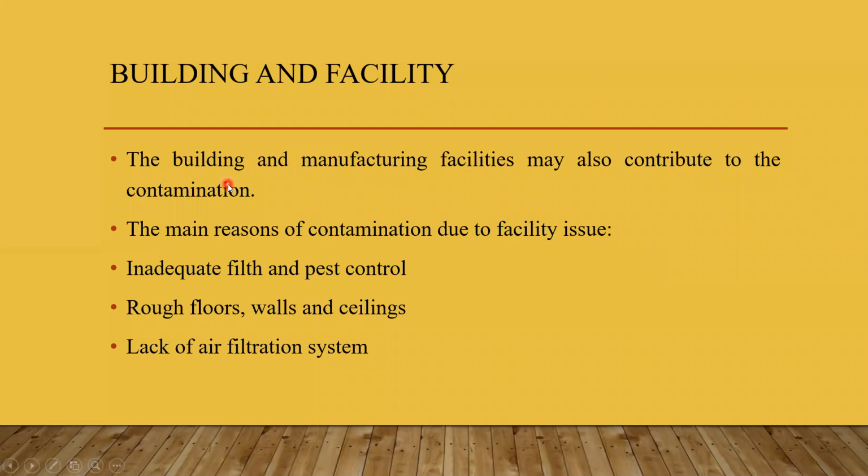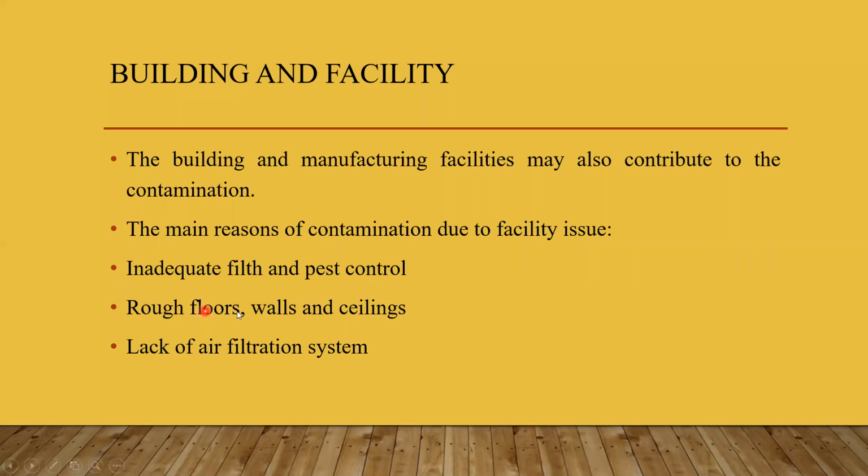They also play a vital role in the contamination of the formulation. The reasons behind contamination due to facility issues: first one is inadequate filth and pest control. Inadequate filth and pest control facilities.